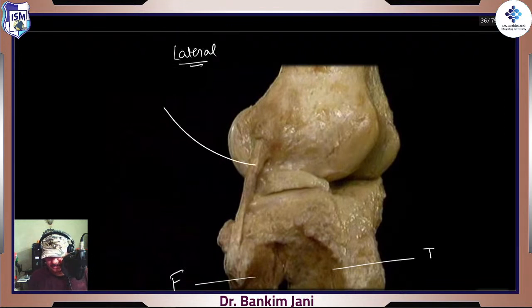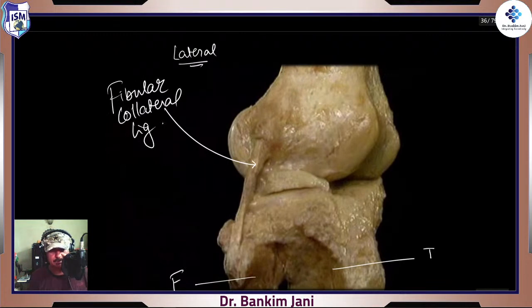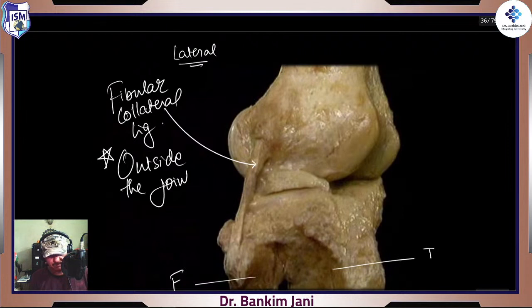And this is the fibular collateral ligament. And all we need to remember in this case, and we'll put a star again, is that it is outside the joint capsule, outside the joint capsule.